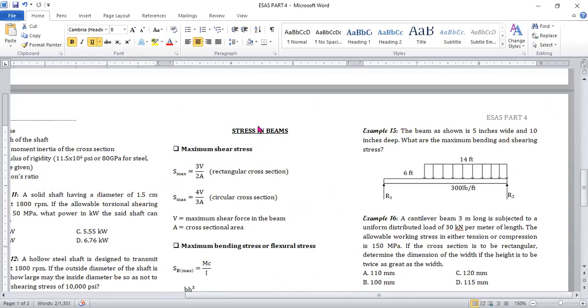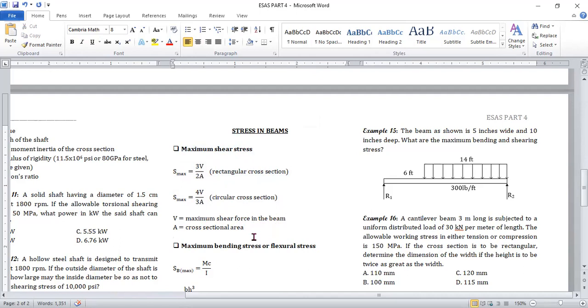Okay, so we have here the maximum shearing stress or maximum shear stress, no? So the maximum shear stress, so this is given, so depending on the cross-sectional section, so you have there 3V over 2A. No? So V is the maximum shear force in the beam.